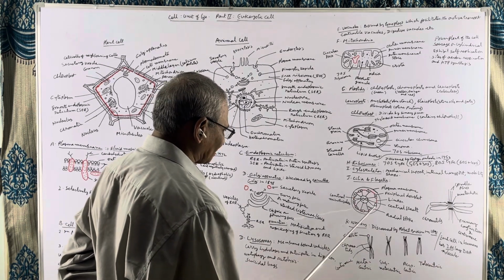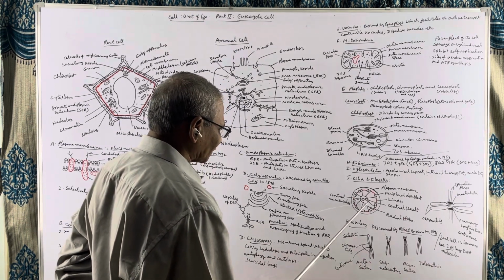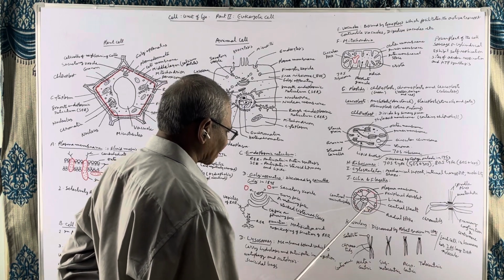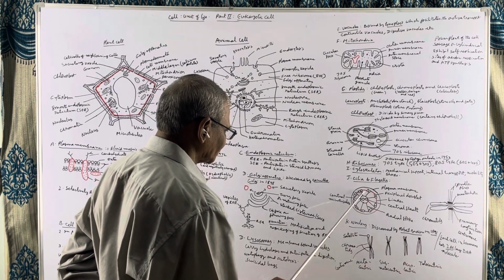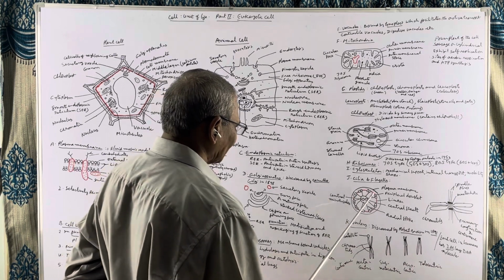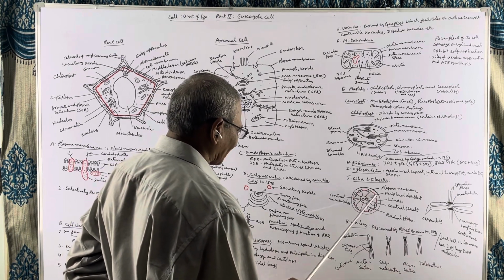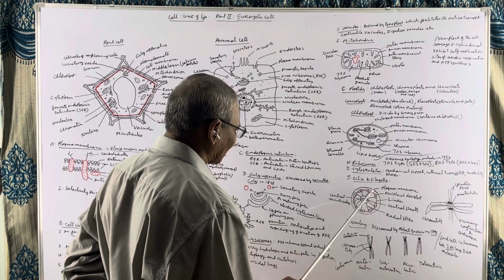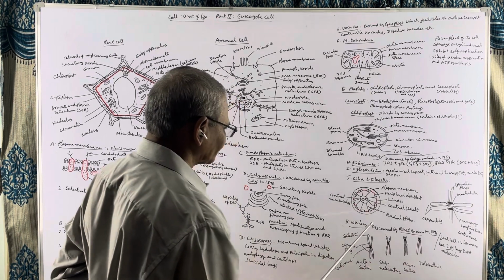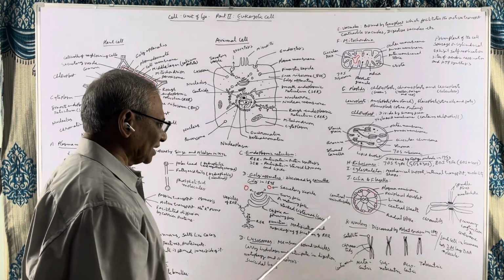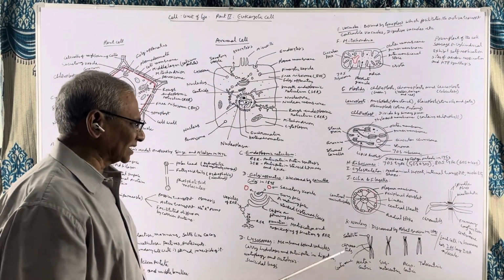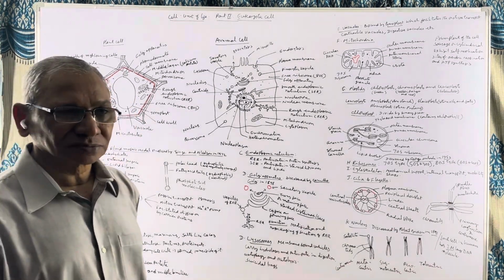The peripheral fibrils are connected with the central sheath by radial spokes. Then, the peripheral doublets are also joined by linkers. So this is about the electron microscopic structure of a flagellum or cilium.